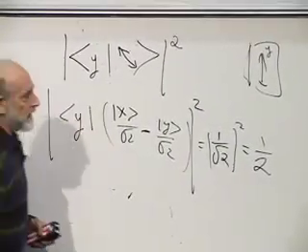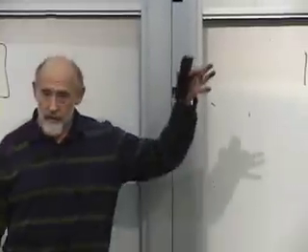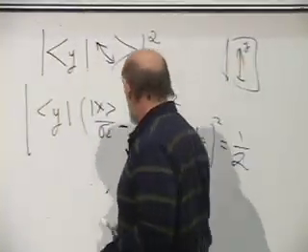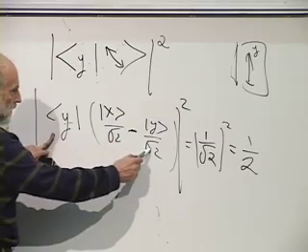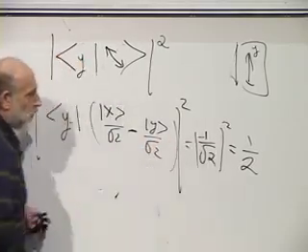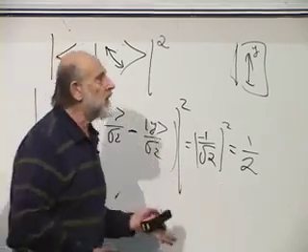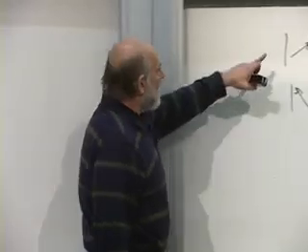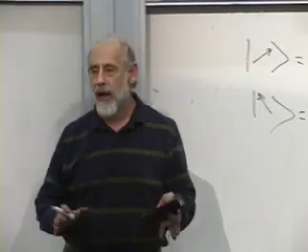This is the probability that this photon is in the y direction. Again, now we get minus 1 over square root of 2. But when we square minus 1 over square root of 2, we again get a half. I don't need to go through the last possibility. The probabilities for both of these in either the x or y direction is a half.